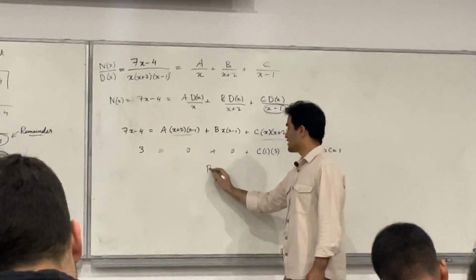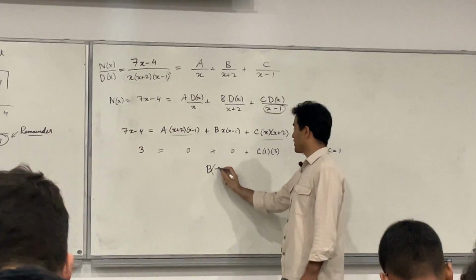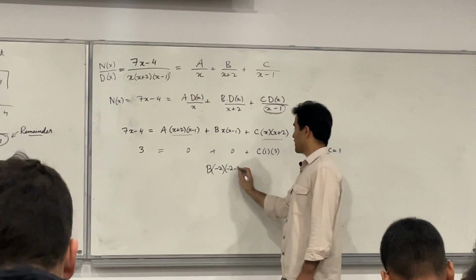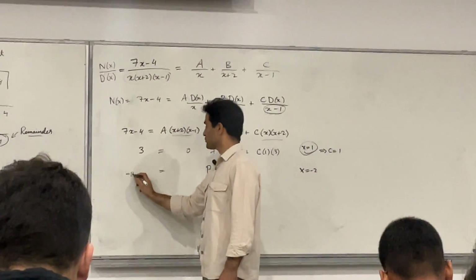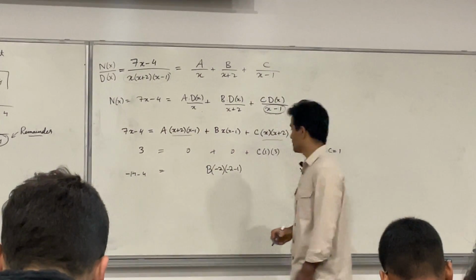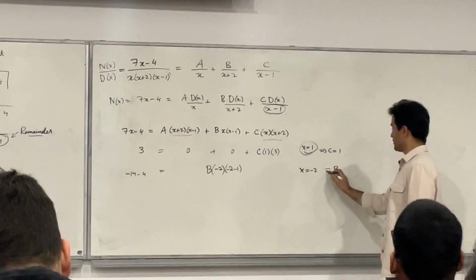So we'll get b times minus 2, minus 2, minus 1, that is 7 times minus 2. Okay, so what is b then?